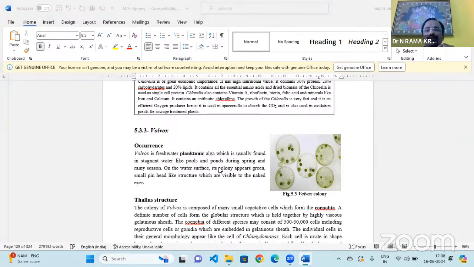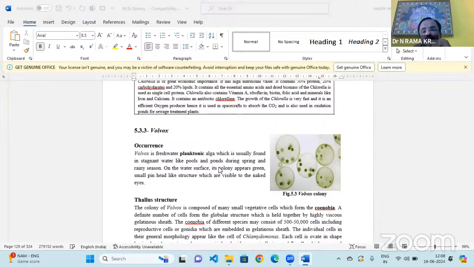Reproduction is asexual by zoospores, and sexual by isogamy, anisogamy, and sometimes oogamy in chlorophytic algae.